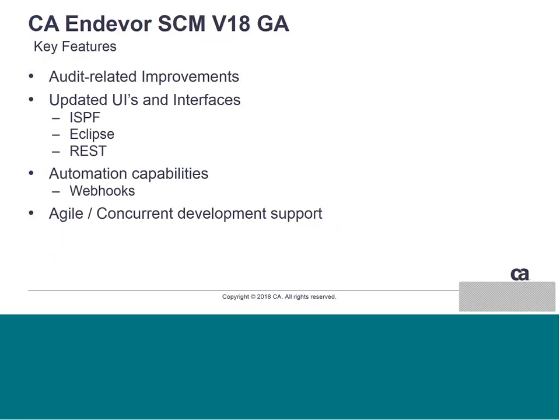So, some marquee features that we are releasing with Endevor V18. We've made a number of audit-related improvements, and Pete's going to go through all of these in detail. We've also put a lot of work into our UIs and interfaces. We've put a lot of work into ISPF interfaces and quick edit, namely support for things like long elements and so on.